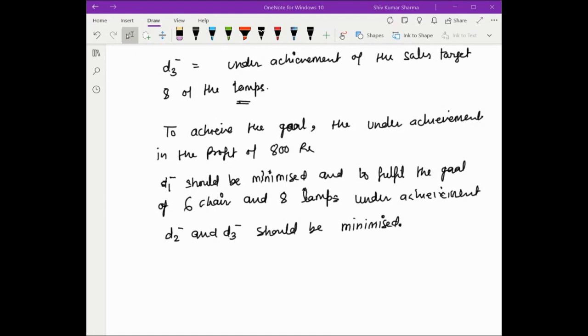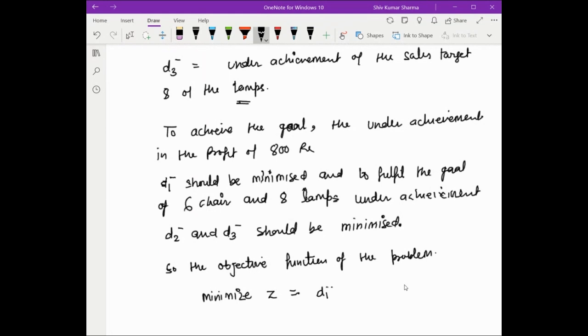So the objective function of the problem, which is to minimize z equal to D1 minus plus D2 minus plus D3 minus.